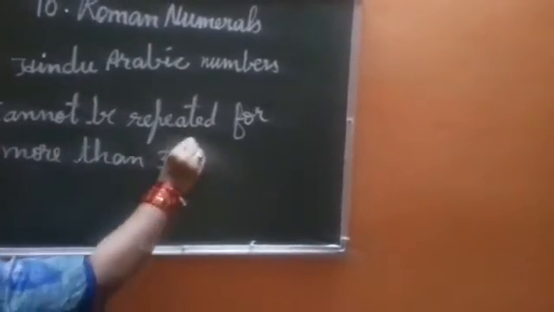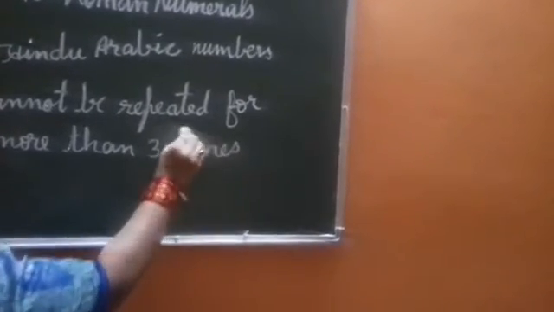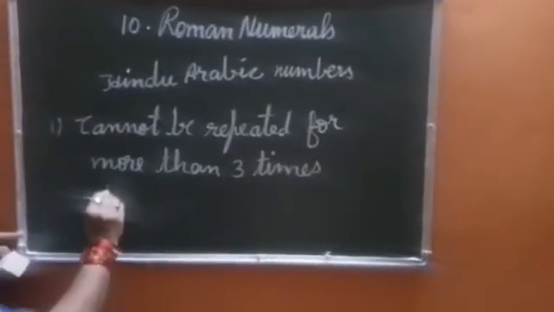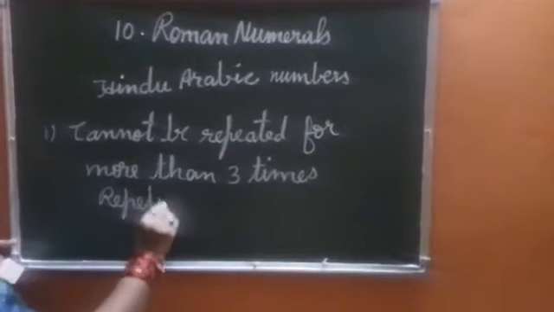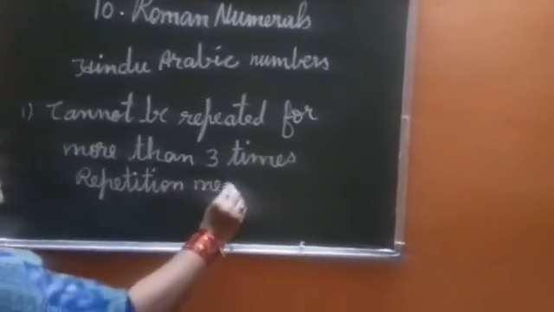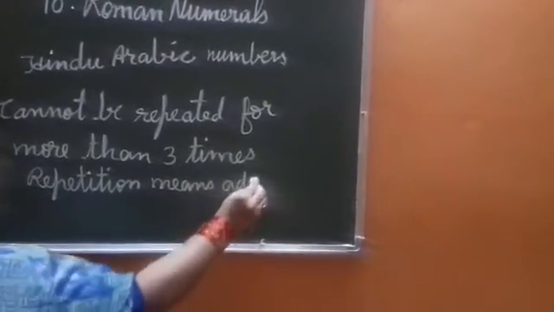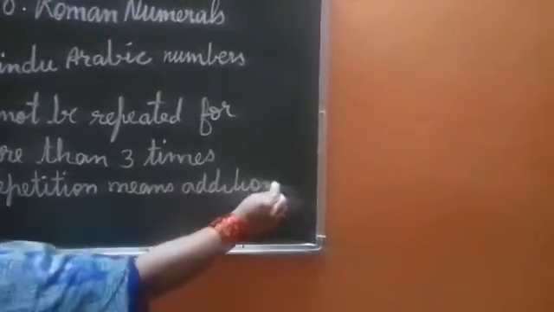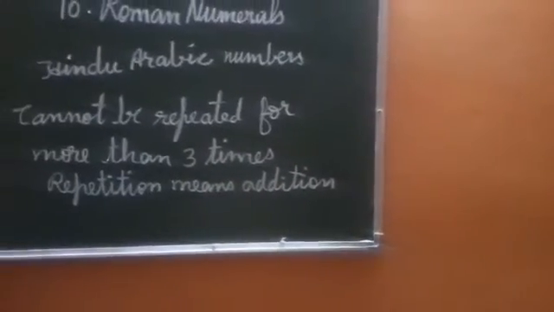Your first rule is that if a Roman number is repeated, repetition means addition. The numbers are added, and a number cannot be repeated for more than 3 times.